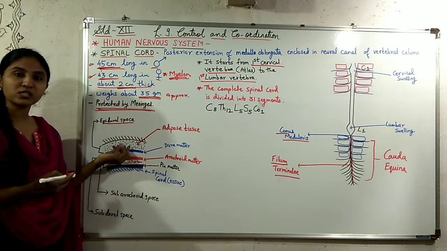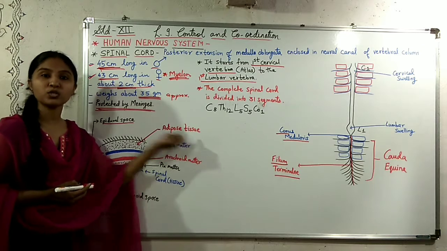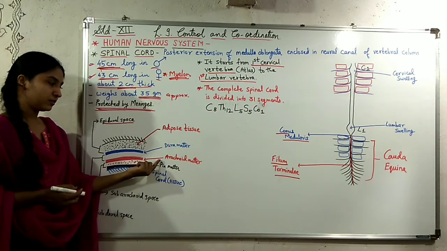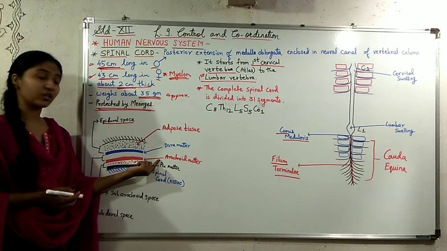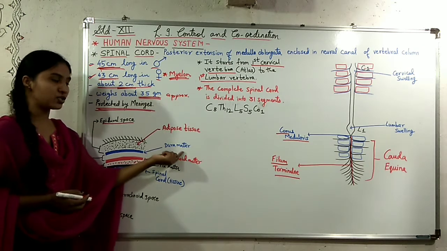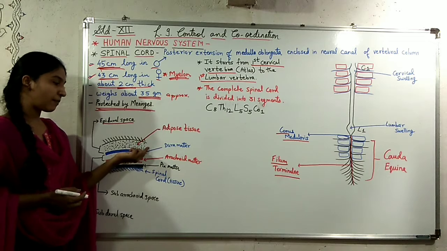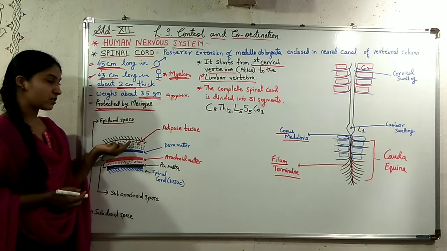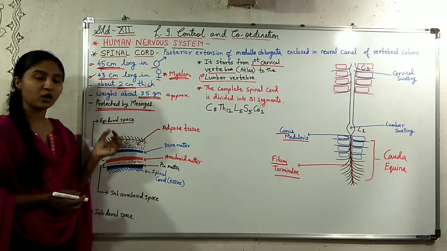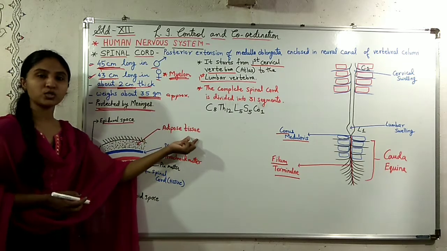This epidural space is filled with adipose tissue. So the innermost layer is pia mater, the middle layer is arachnoid mater and the uppermost layer is dura mater. Between the dura mater and the bone there is the epidural space, filled with adipose tissue.